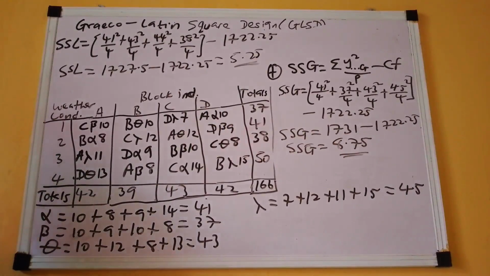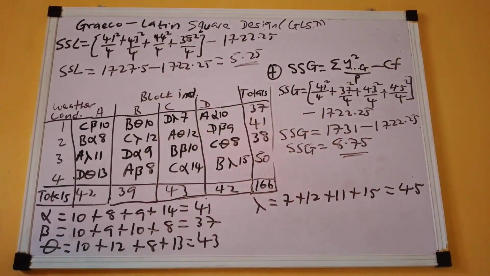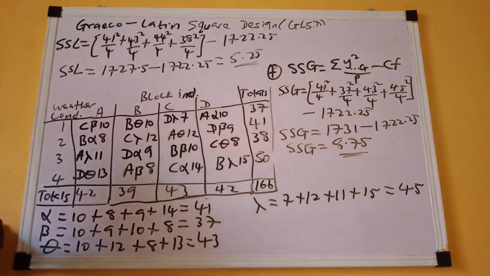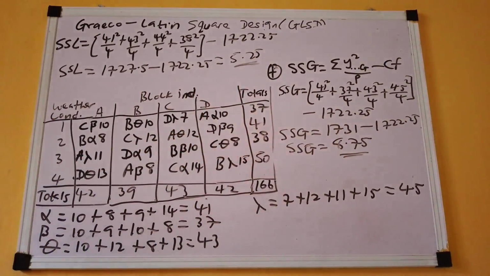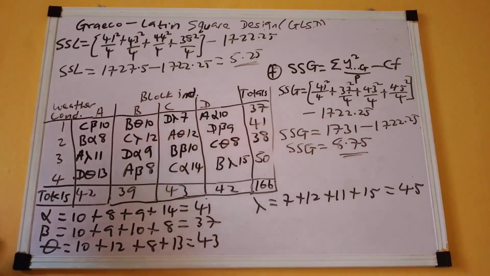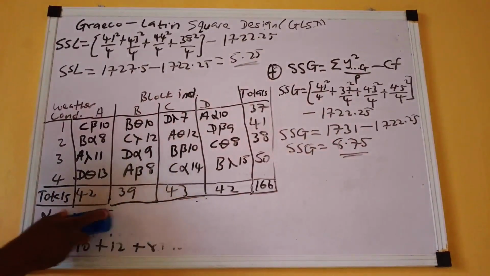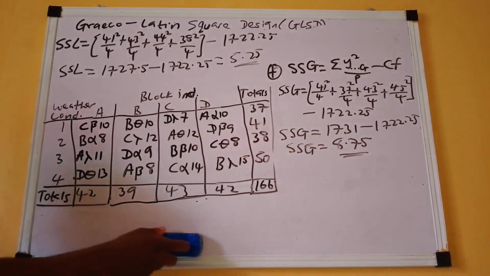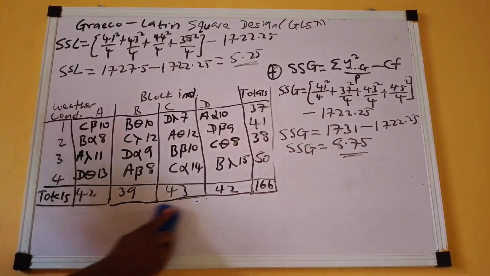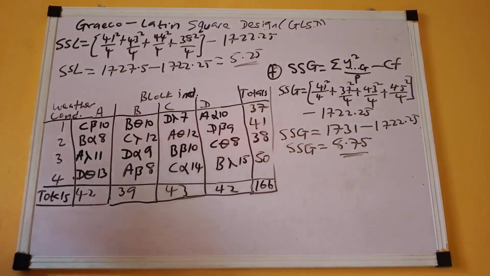Sum of squares for the Greek letters is 8.75, and that is our F. Then our G is to get the sum of square for error. I told you from the beginning, in all analysis of variance, it's preferable to get error by means of subtraction. The total sum of square has all the four variations, the sum of the four source variation, their sum of square is the explained variation, while the sum of square for the error is the unexplained variation.